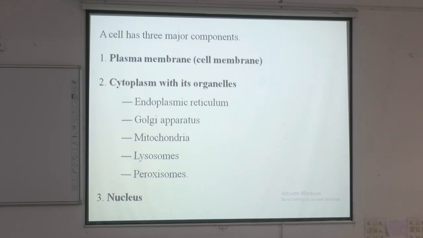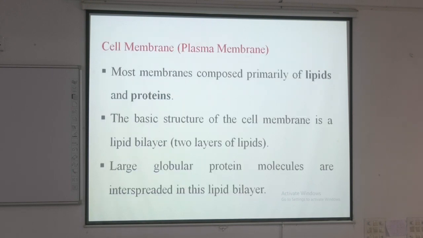It is called the lipid bilayer cell membrane structure. Most membranes are composed primarily of lipids and proteins. These are basic important biomolecules which help in the formation of the cell membrane.